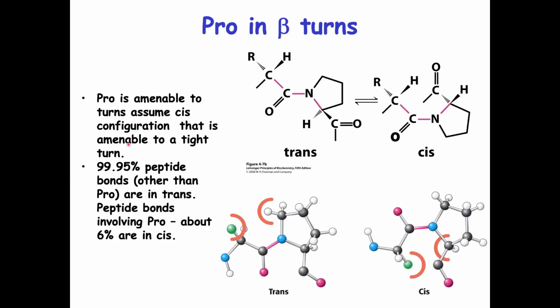For amino acids other than proline, less than 0.05% of them are found in the cis conformation. In contrast, when we're looking at proline, about 6% are in cis. Again, it's not a whole lot that are in cis, but there is more than there are for other amino acids. The thing to remember is that proline almost always makes a turn, but not all turns have a proline.